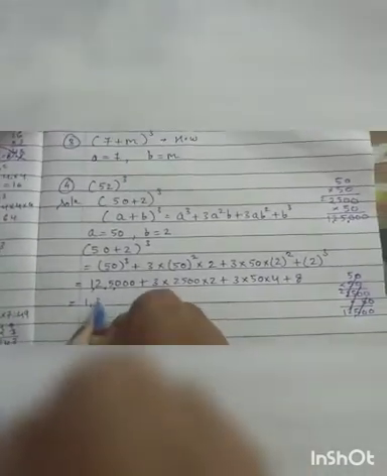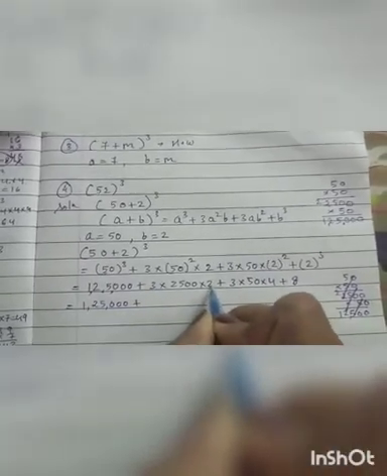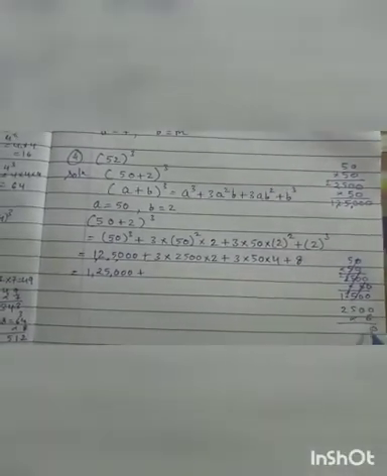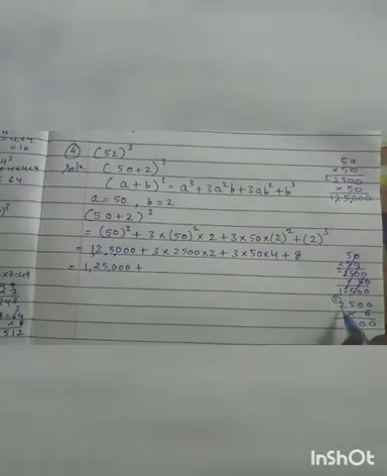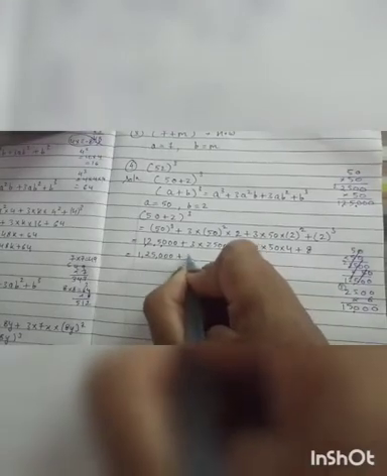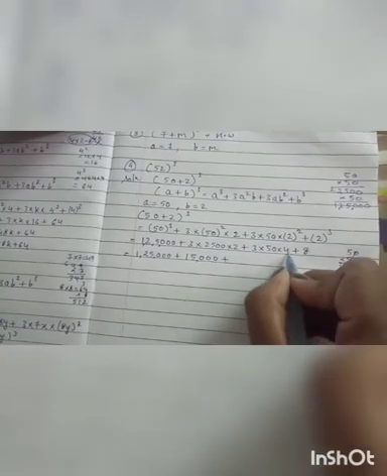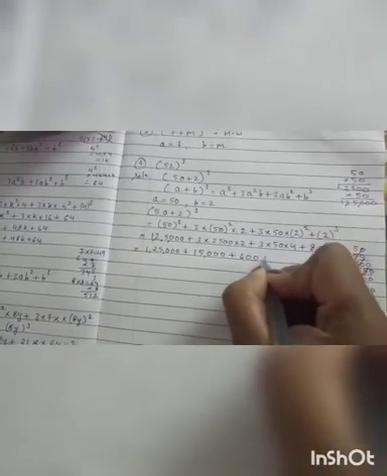So we have 1,25,000 plus 3 2s are 6, 2500 multiplied by 6. 6 5s are 30, 6 2s are 12, 12 plus 3 is 15. So we have 15,000, plus 3 4s are 12, 12 multiplied by 50, 12 5s are 60, so we have 600 plus 8.